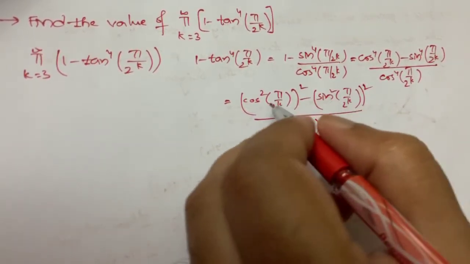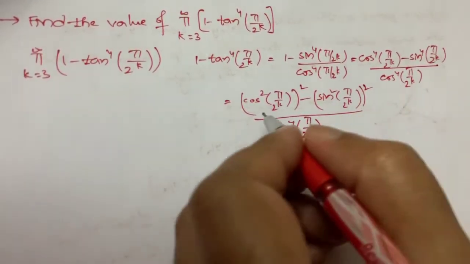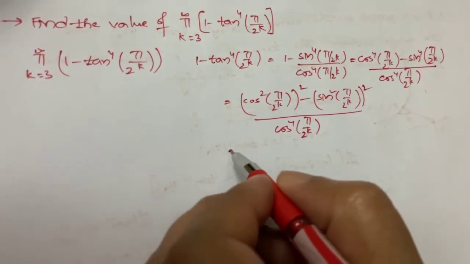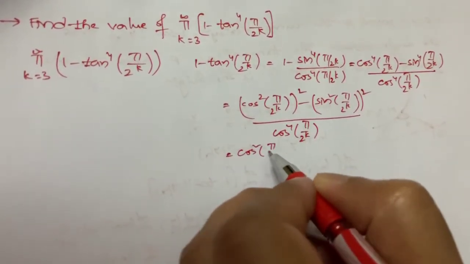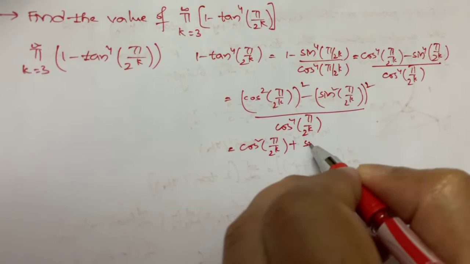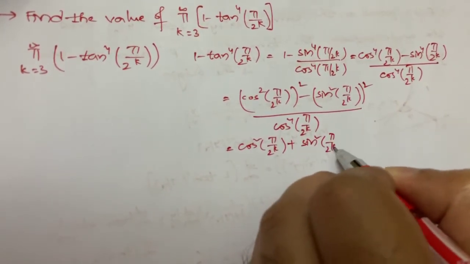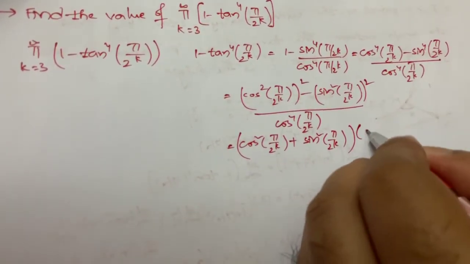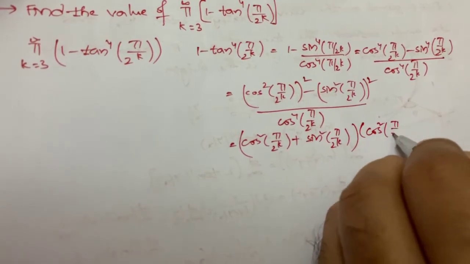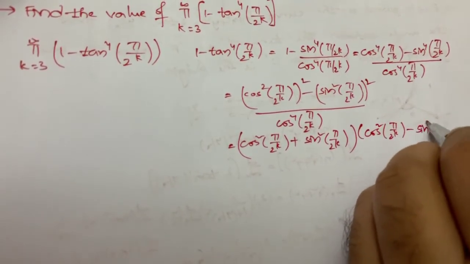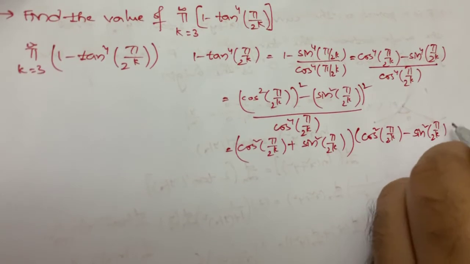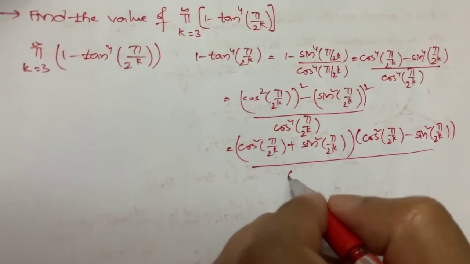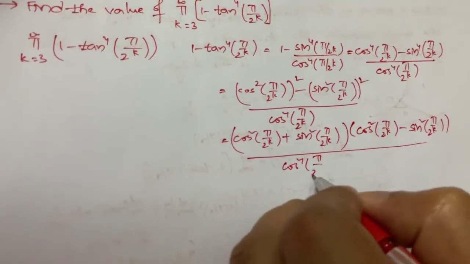So a plus b into a minus b. So cos² plus sin² is 1. So (cos²(π/2^k) plus sin²(π/2^k)) into (cos²(π/2^k) minus sin²(π/2^k)) by cos^4(π/2^k).